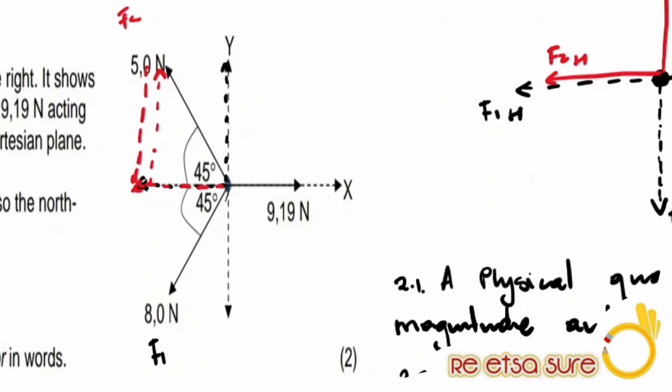The angle that is given here of 45 was measured from the x-axis. Let's check this one. I am given the angle of 45. This angle that is given to me was measured from the x-axis. So now I am free to move.